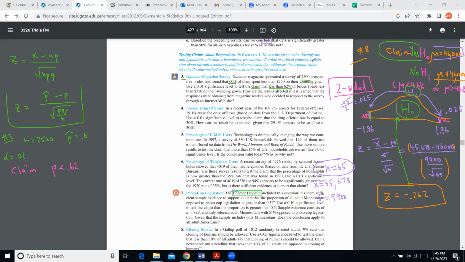So we start with producing the hypotheses. And since we don't have an equal sign here, remember where it goes? H index 1, right? So its friend H0, that must have the equal sign, will be its opposite, P is greater than or equal to 0.62, just like that. And this is a great start.